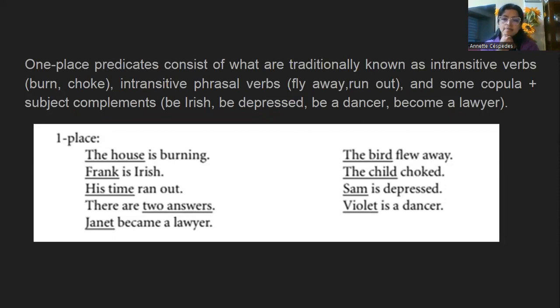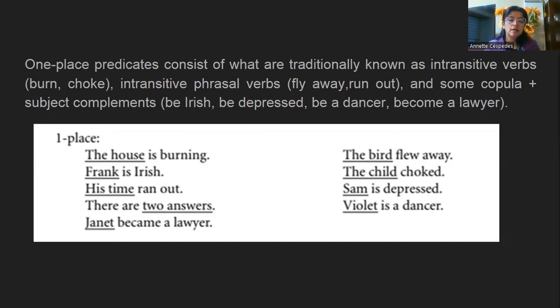The 1 place predicates consist of what are traditionally known as intransitive verbs like be born, choke. Intransitive phrasal verbs like fly away, run out.